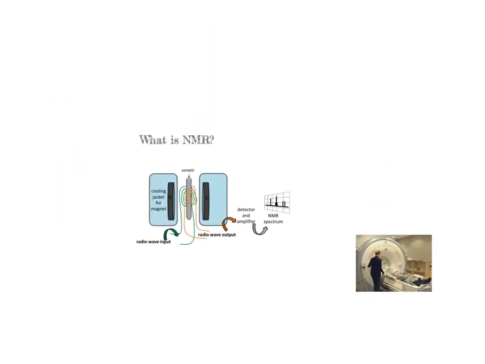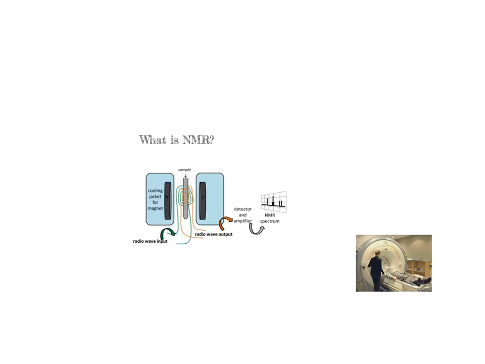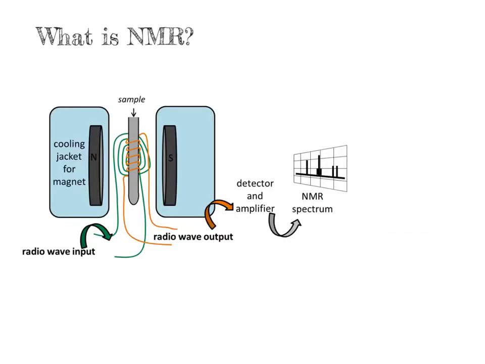Okay, so this is what the machinery would look like for NMR. This is how it works. So your sample is placed into the NMR machine. We've got magnets here, so we're placing the sample within a magnetic field. Radio waves are fired at the sample so that the nuclei flip so that they're now facing the opposite direction, so that they're aligned against the magnetic field.